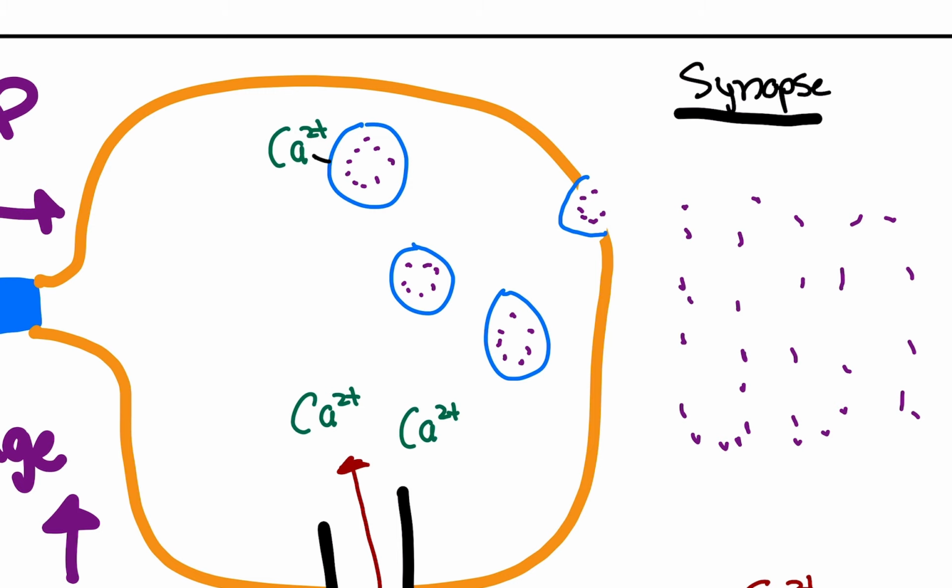That was proved wrong by one of my professors. I actually had a class with him. He did studies on this, working on mice, and he measured the neurotransmitters in mice, and they had GABA. If you did not know, GABA is an inhibitory neurotransmitter.